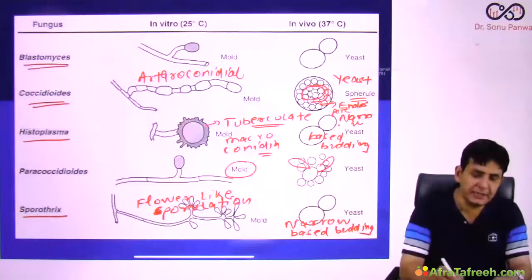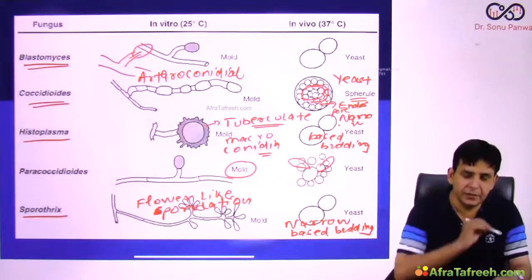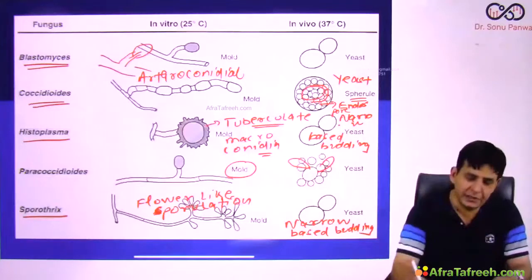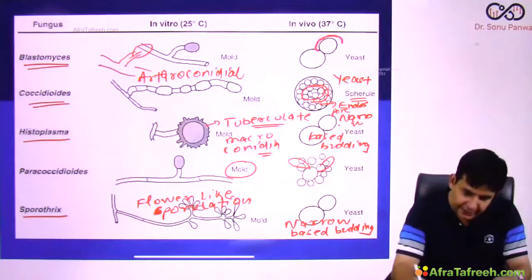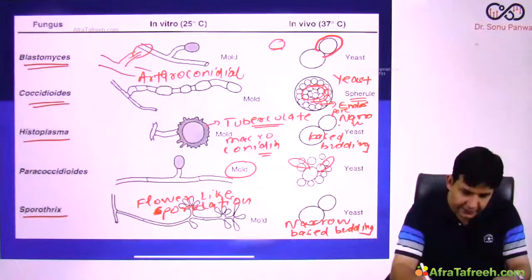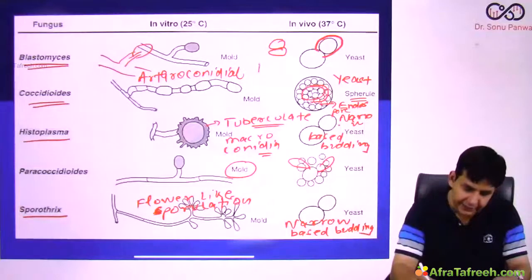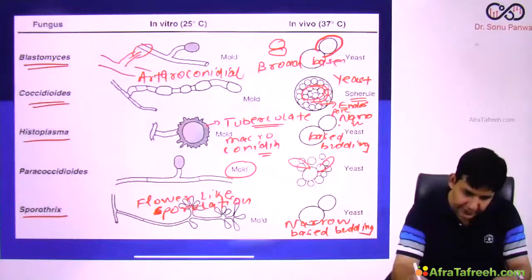So Blastomyces, it is not important to remember how the mold form looks, but this is important. It looks like a typical 8, which is termed figure of 8 appearance, or another name for the same thing is broad based budding yeast cell.